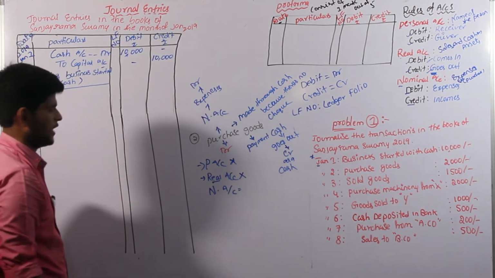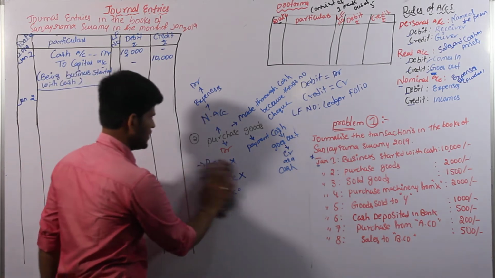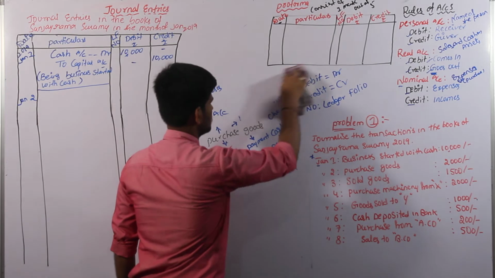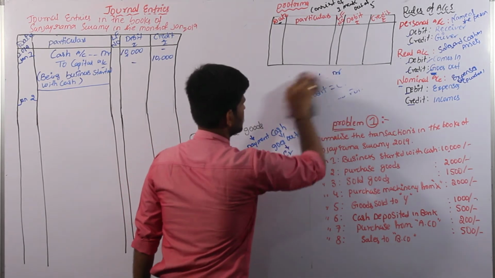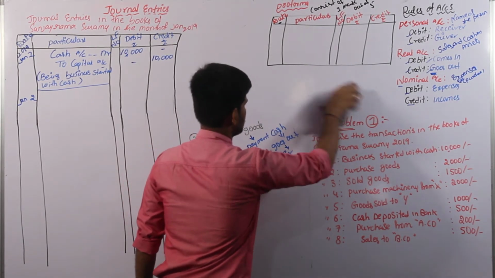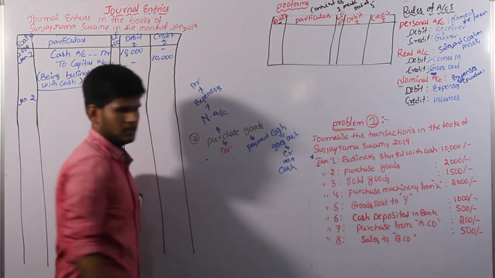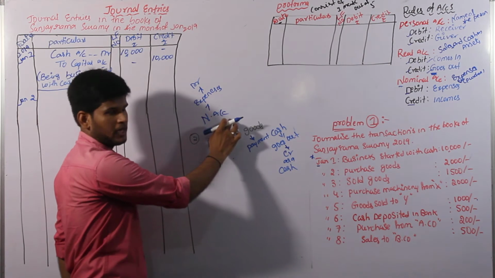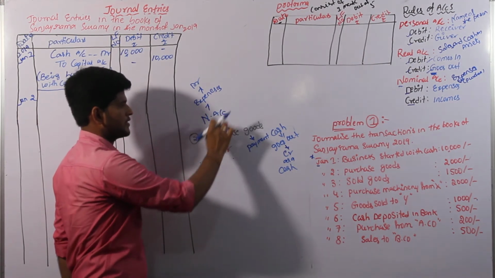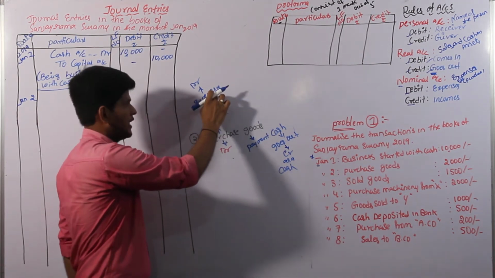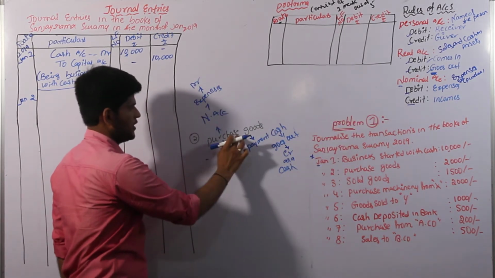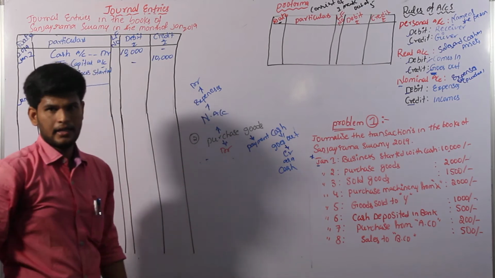Now we can convert the transaction and remove all these. Yes, we can identify purchase as relating to nominal account. In nominal account, purchase is called expenses. Expenses in nominal account we have to convert to the debit side. So that's the reason I convert the purchase to the debit side.